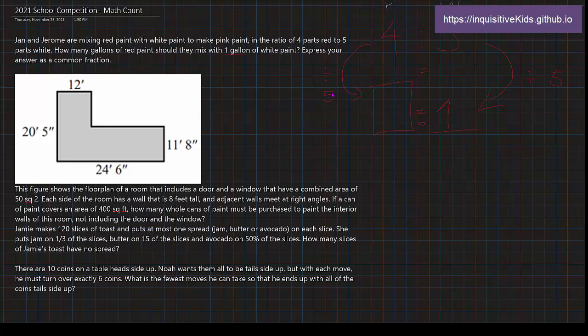So 4 divided by 5. Well, we don't have to exactly divide. We could write it in its fraction form, because it says express your answer as a common fraction. So then there will have to be 4/5 gallons of red paint.